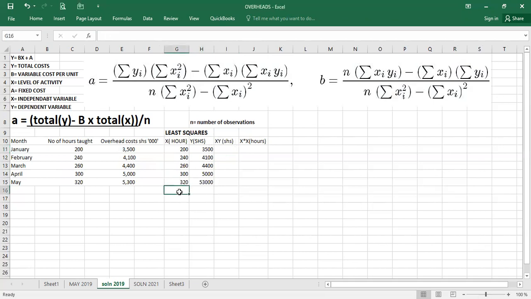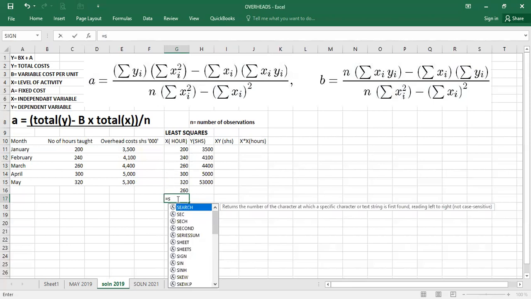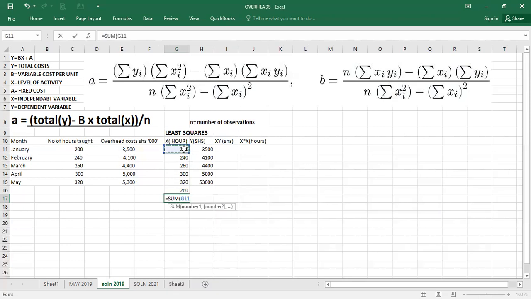Can get a total here. So sum of this. This is going to be our total. Also get the total for the cost.